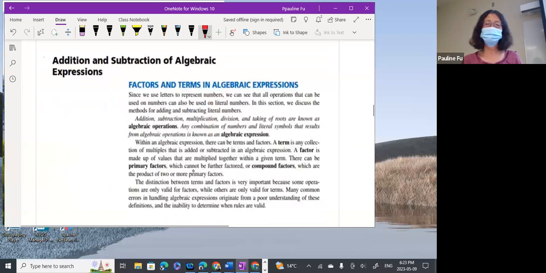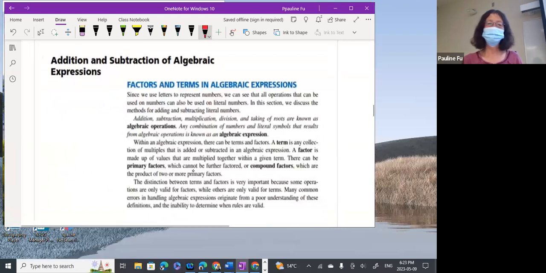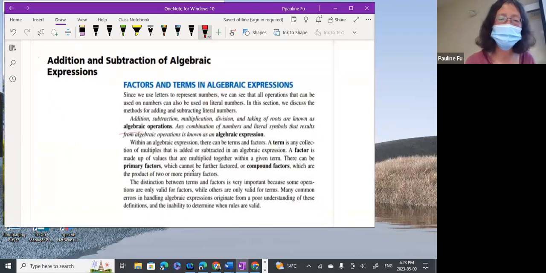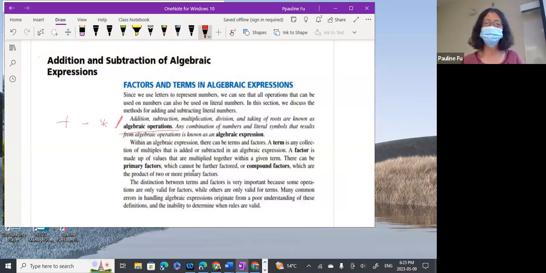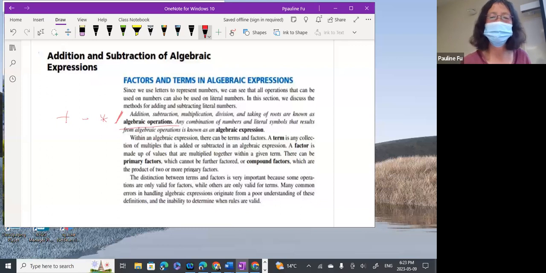This is some concept. What are algebraic operations? Addition, subtraction, multiplication, division. Those are algebraic operations. And what is an algebraic expression?